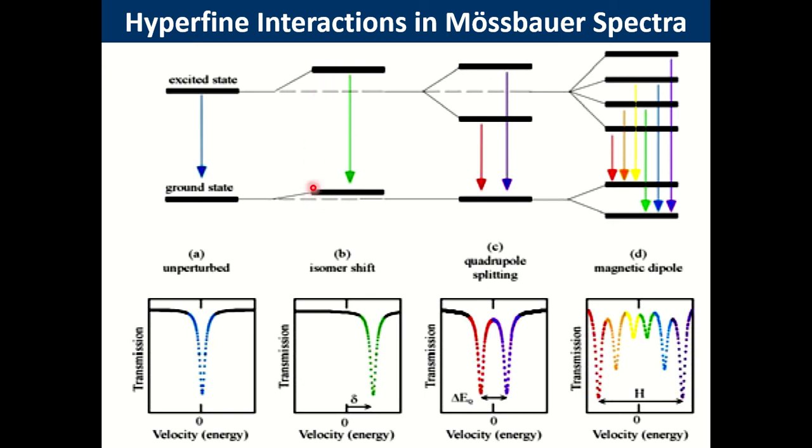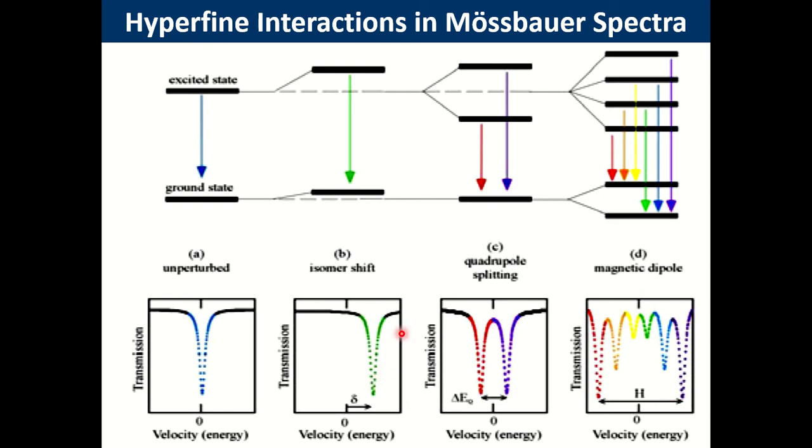Both the ground state and excited state energy levels are slightly altered, and therefore you need a slight modulation of the transition gamma ray energy. At a certain velocity of the source you will observe resonant absorption, and the photon counts will decrease, which you see as a dip here. So this is the kind of thing that you will get.